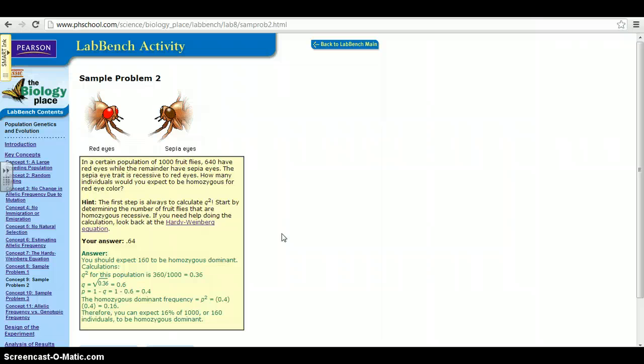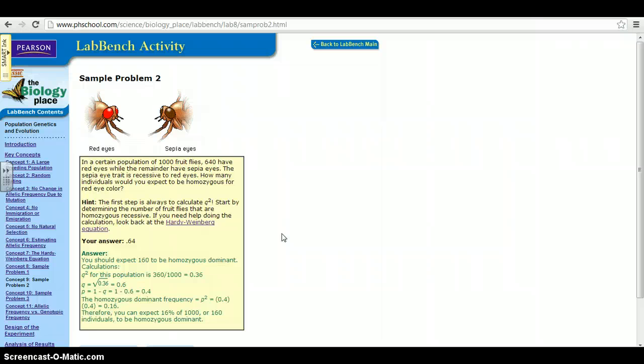In other words, what is the percentage of homozygous recessive individuals? In this case, you're told the number of individuals with the dominant phenotype, so you can subtract to find the number with sepia eyes. 1,000 minus 640 is 360 individuals that have sepia eyes.